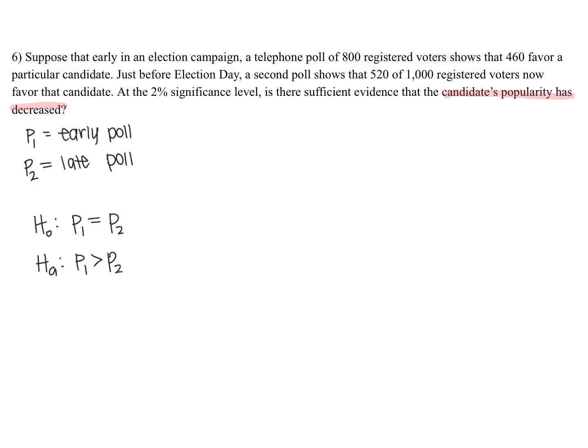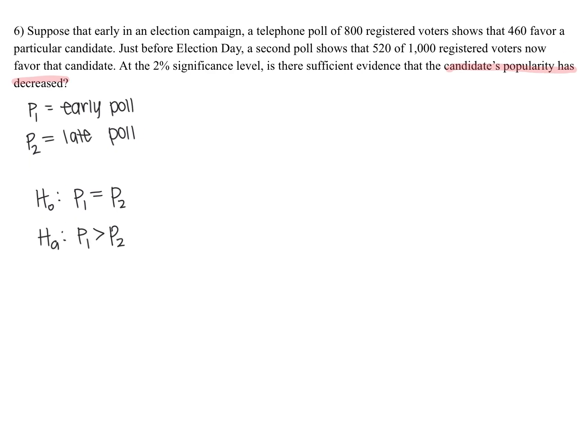Okay. There are three things then we need to calculate to do our test statistic. We need P1 hat, we need P2 hat, and then we need the pooled proportion PC hat. So P1 hat is going to be 460 over 800, which is 0.575. P2 hat is 520 over 1,000, which is 0.52. And the pooled proportion, not something you have to memorize. It is a formula on the formula sheet.